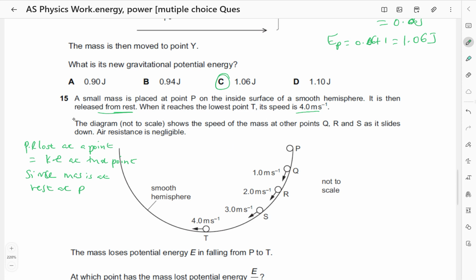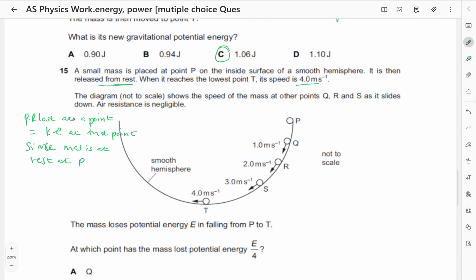So let's try to see this. If they said the mass loses potential energy E in falling from P to T, so when it reaches the lowest point, its speed is that. So the potential energy at P must be equal to the kinetic energy at T. That one is obvious.